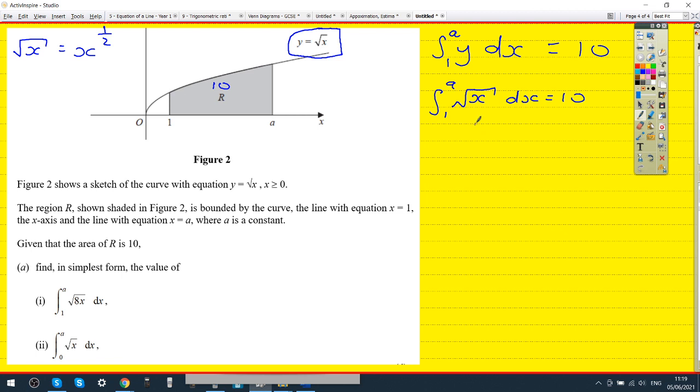You get 2 over 3 x to the power of 3 over 2. So that's between a and 1. And then you sub in a for x and 1 for x.